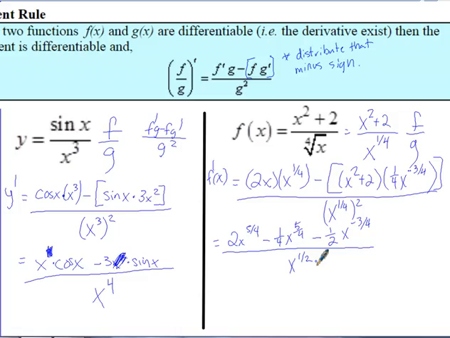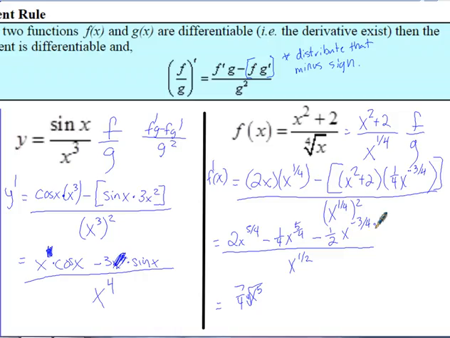Can I combine anything? The 5/4. So 2 and negative 1/4. So 7/4 x to the, can I change it to a radical? 4th root of x to the 5th. And then now this is where it can get really weird.